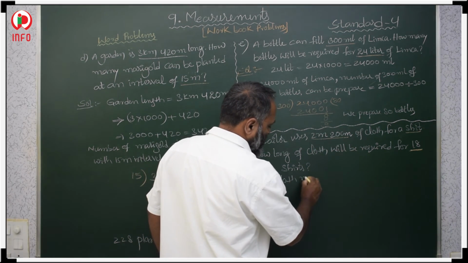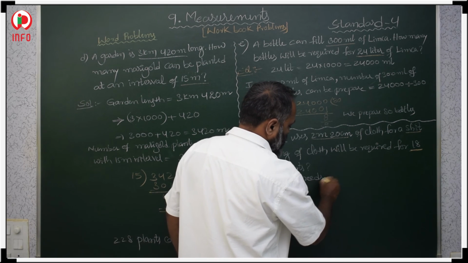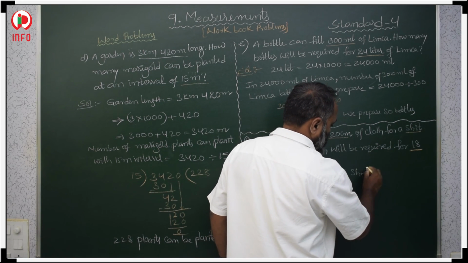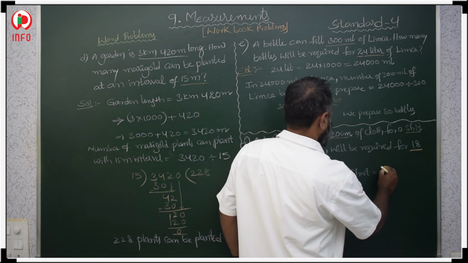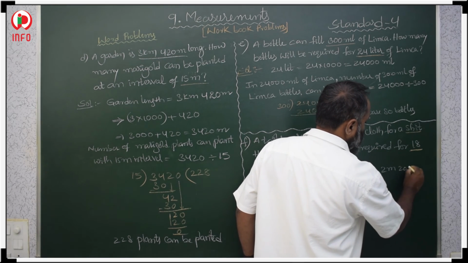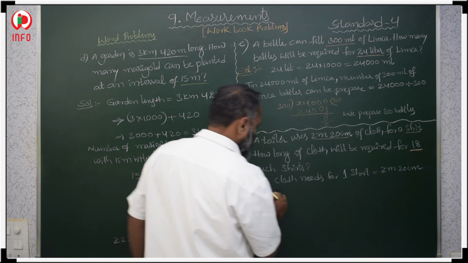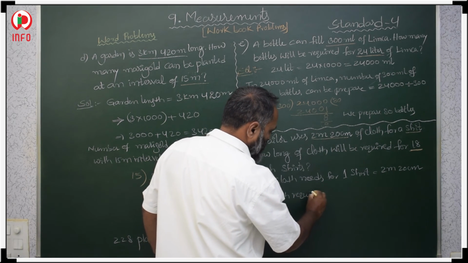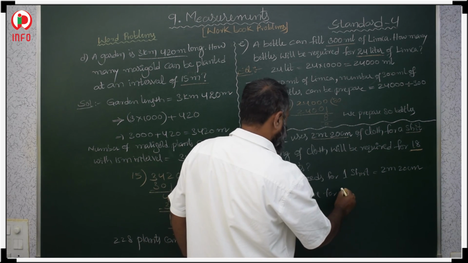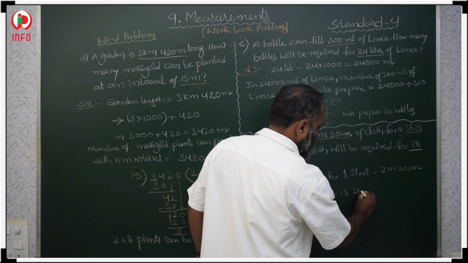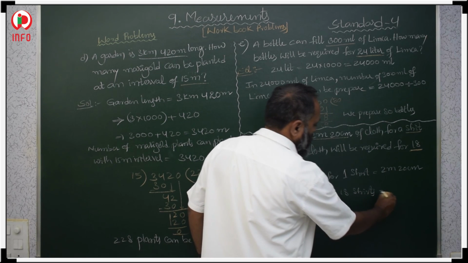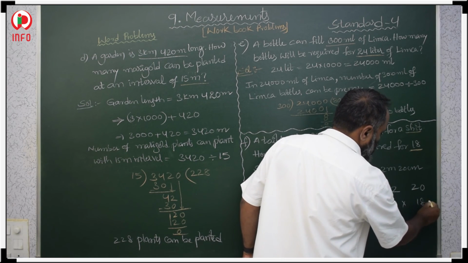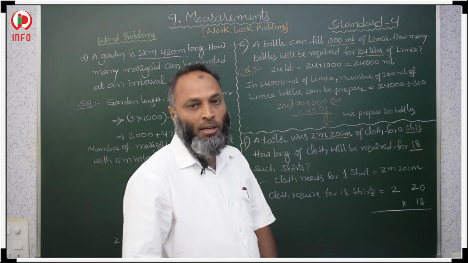Cloth needed for one shirt is equal to 2 meters 20 centimeters. Cloth required for 18 shirts is equal to 2 meters 20 centimeters multiplied by 18.